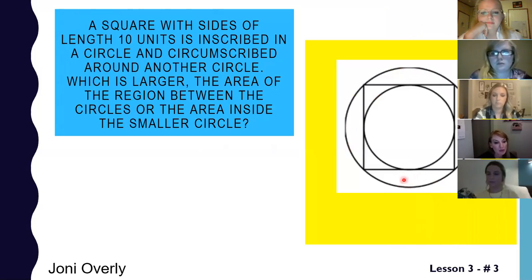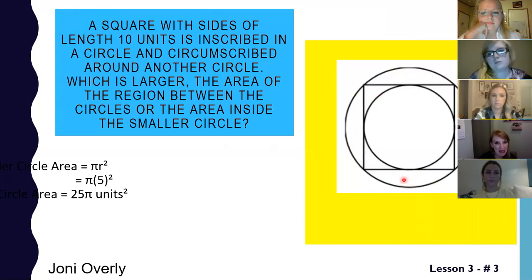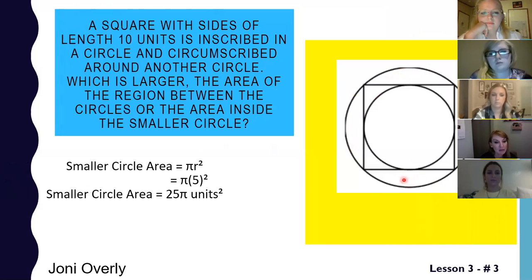So when we do this, the equation for the area of a circle is going to be pi r squared. So the area of the region between the circles is the area of the larger circle minus the area of the smaller circle. To find the area of the two circles, the square's side length, 10, is the same as the diameter of the small one.